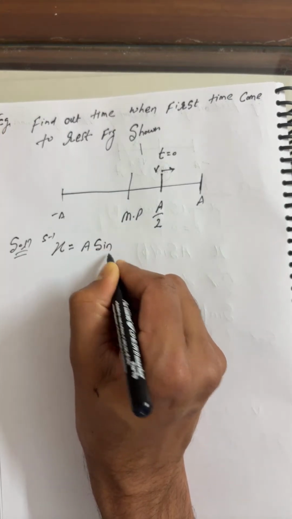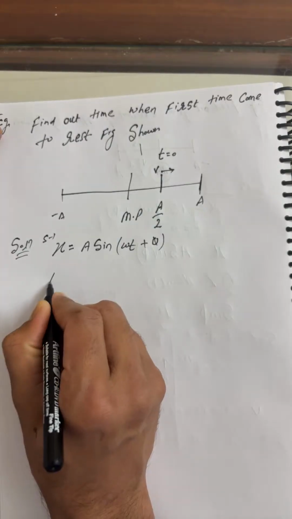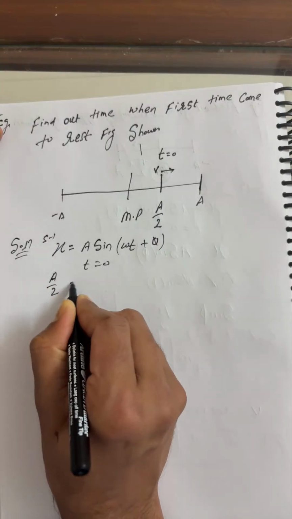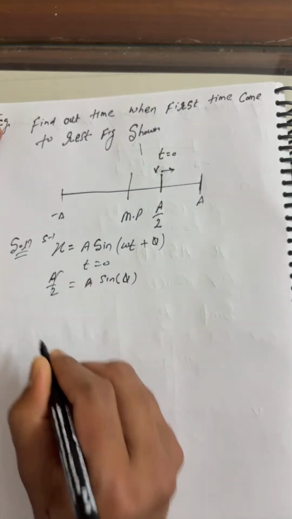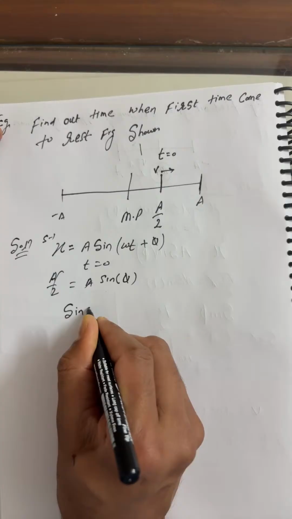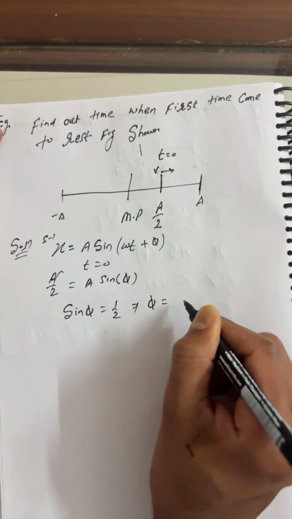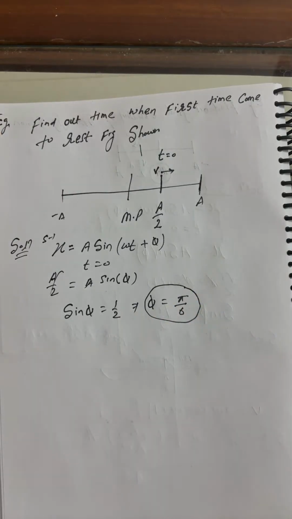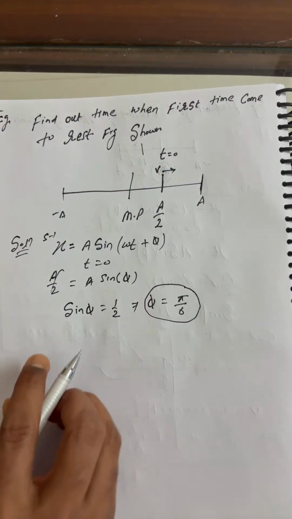So x equals a sin(omega t plus phi). At t equals 0, x is a by 2, so a by 2 equals a sin phi, a cancels, so sin phi equals 1 by 2. So phi equals pi by 6. Right?